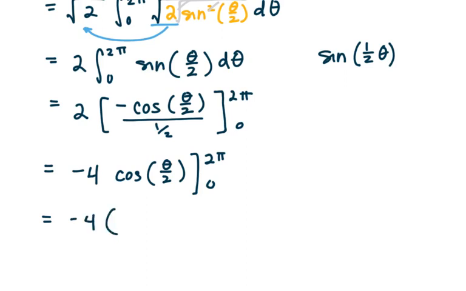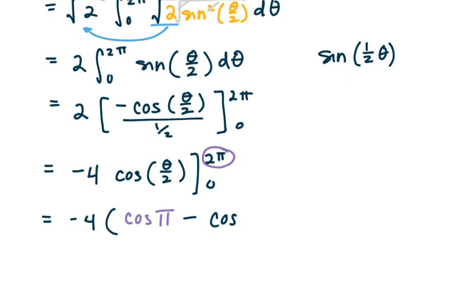So I have negative 4. If I plug in 2 pi, I've got cosine of 2 pi over 2. 2 pi over 2 simplifies to just pi, minus the cosine of 0.